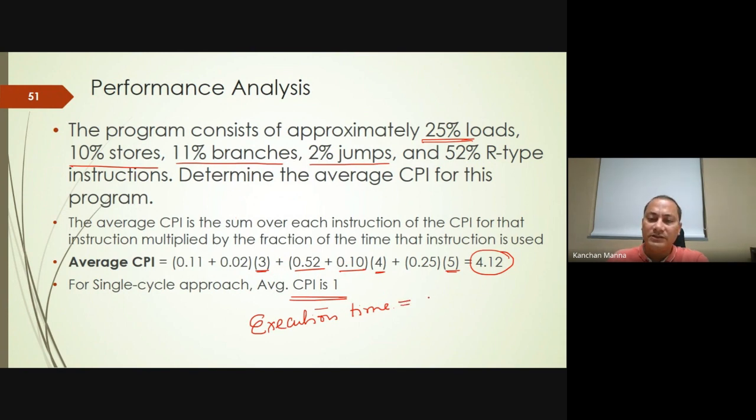So it is the number of instructions that the program has, into the CPI, clocks per instruction, how many clock cycles are required for executing an instruction, and then the T, which is the cycle time, in seconds or picoseconds. Now we have this CPI. We know the number of instructions, because if we know the program, then we know the number of instructions. Now we have to find out the T for this designed processor.